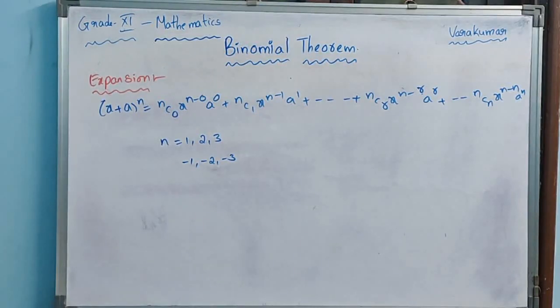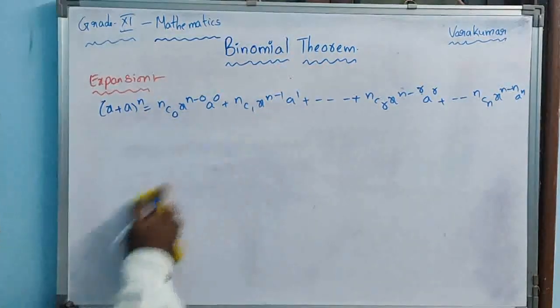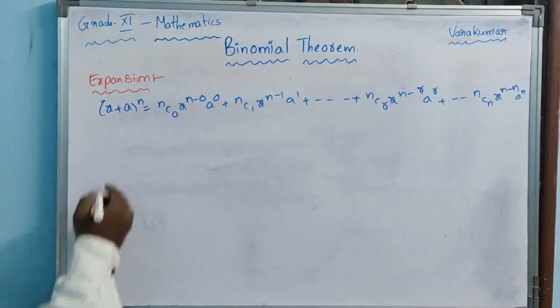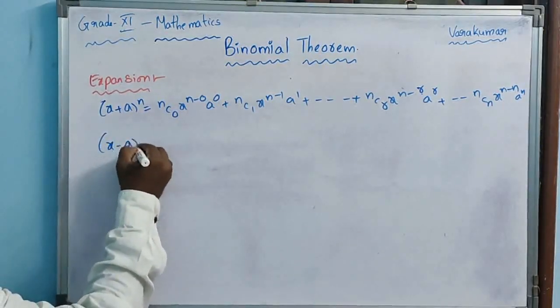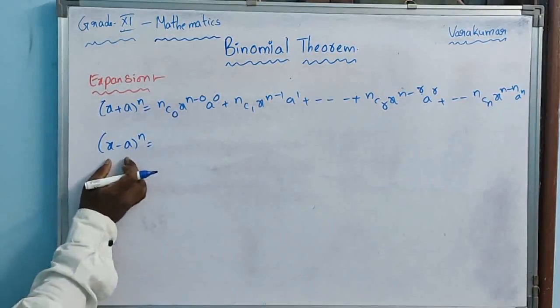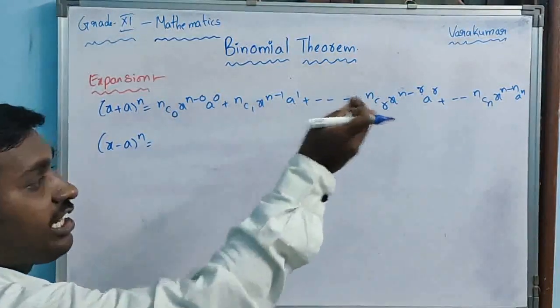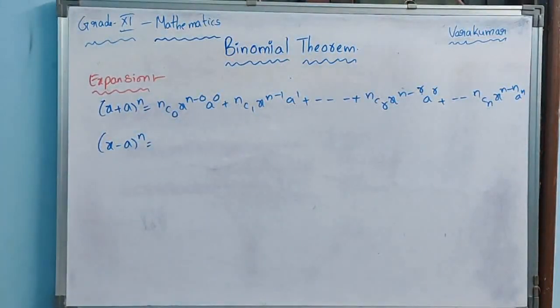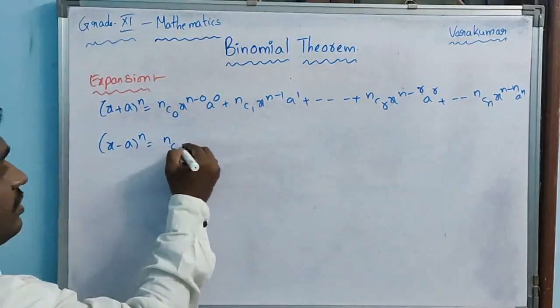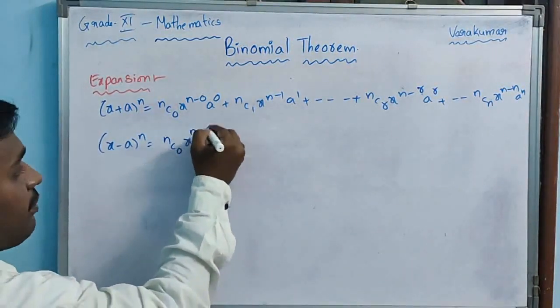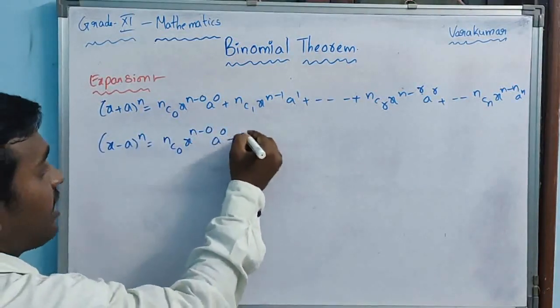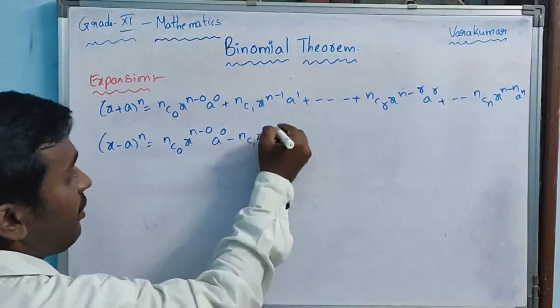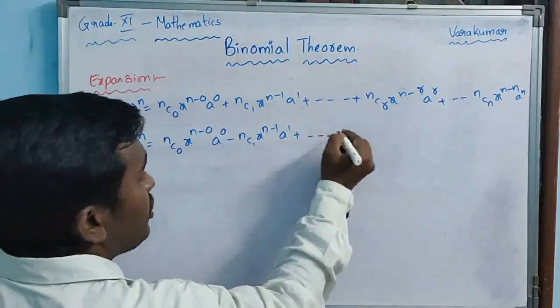Now here, there is another expansion, what is that? (x - a)^n. If it is (x - a)^n, what is going to happen? Alternately, the negative signs will appear. Let me write it: nC0 x^(n-0) a^0 minus nC1 x^(n-1) a^1 and so on.